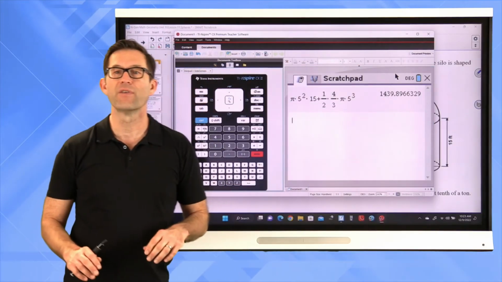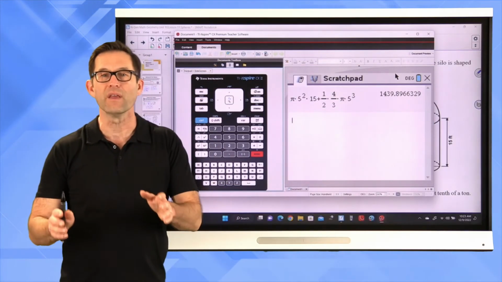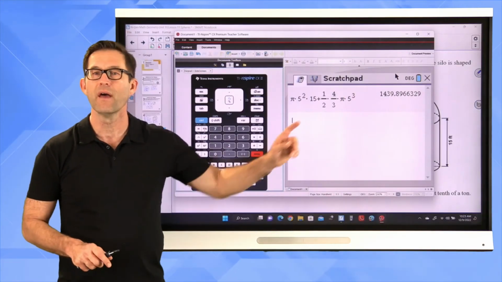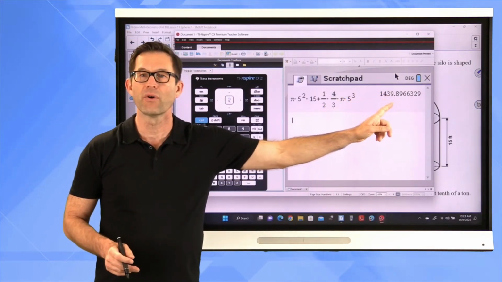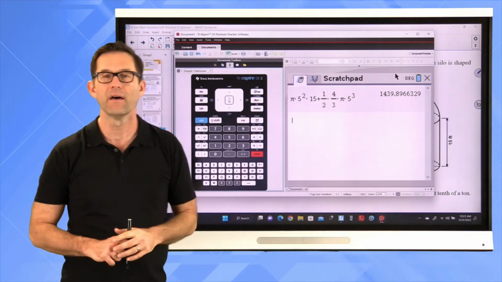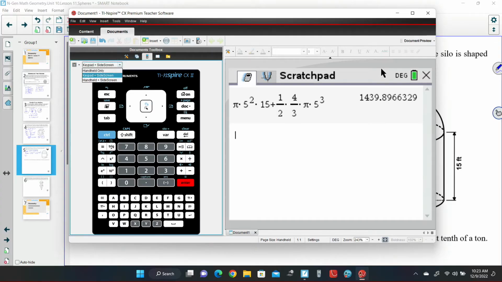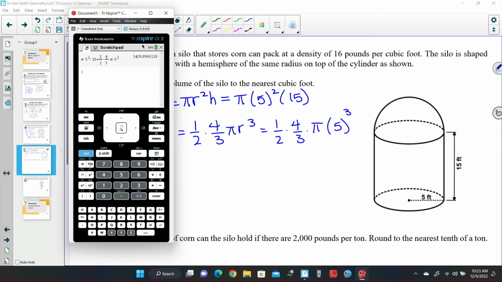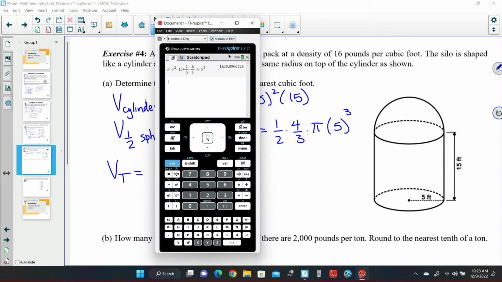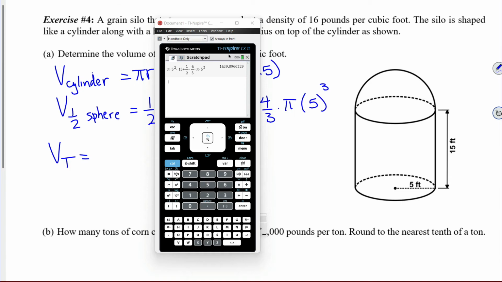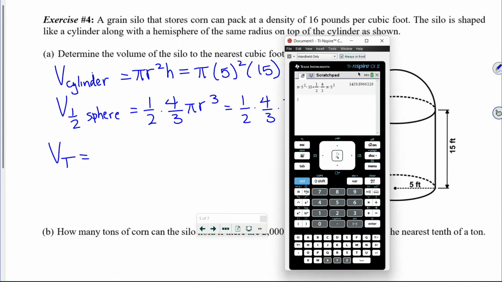No need for us to figure out either one of the individual volumes separately. I now have 1439.8 and so on. All right, we'll get that down and then we'll round it. But how nice is that, right? So easy to just put it in all at once. You don't have to worry about any kind of rounding until the end.